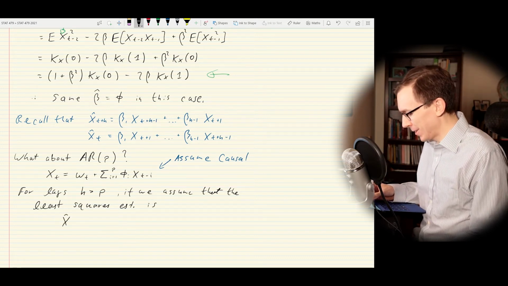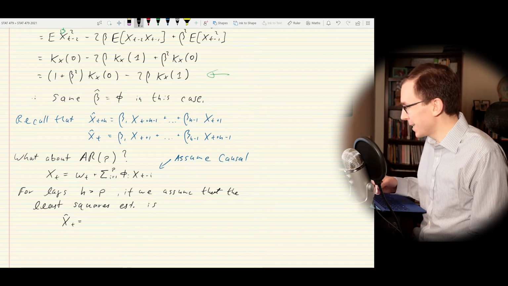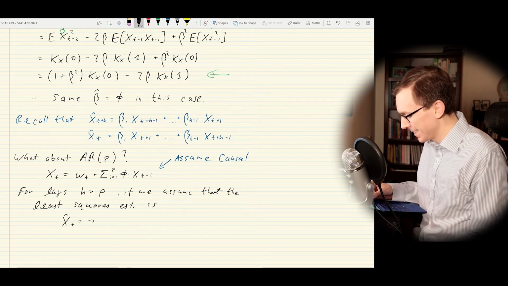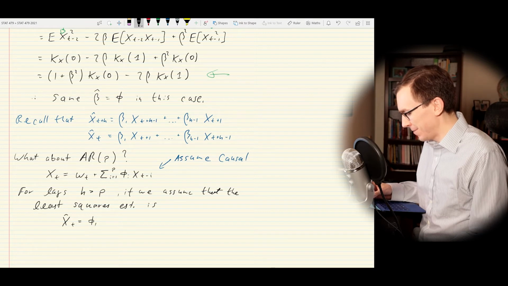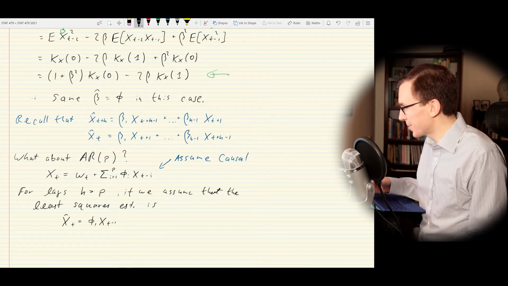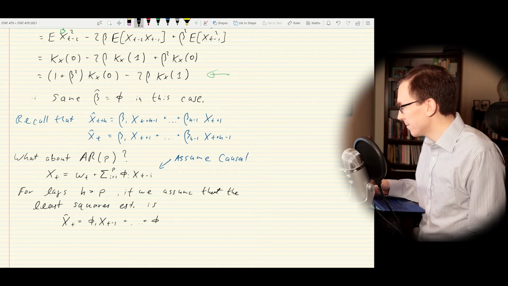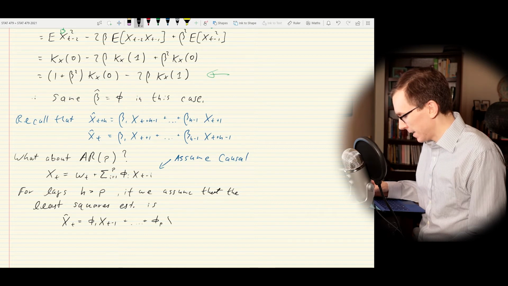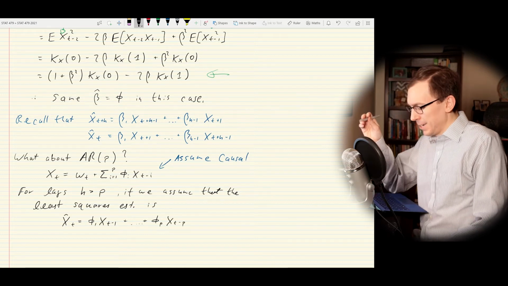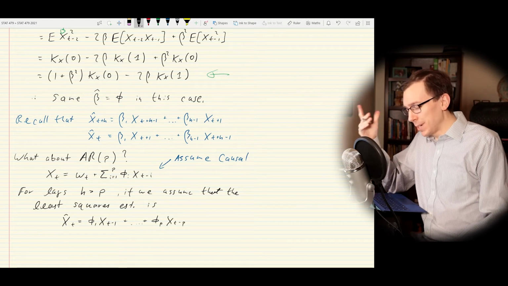So we're just going to use our intuition and extrapolate from what we did in the AR1 case. If you don't believe me, I guess we could try to go through it in more excruciating detail. phi_p x_{t-p}. But I think this intuitively makes sense.